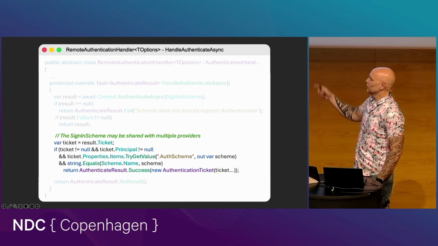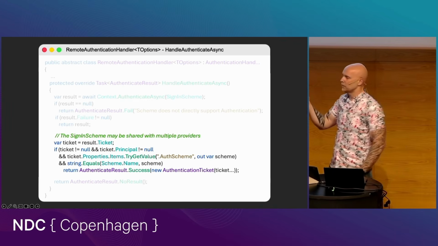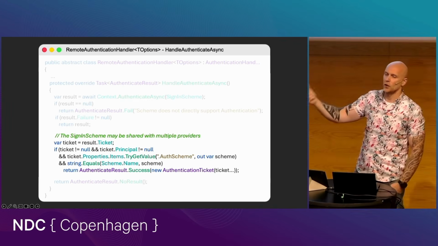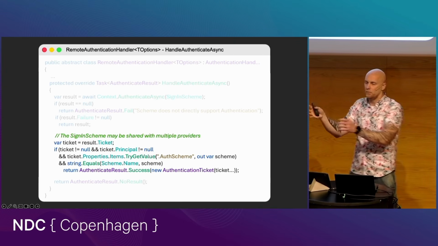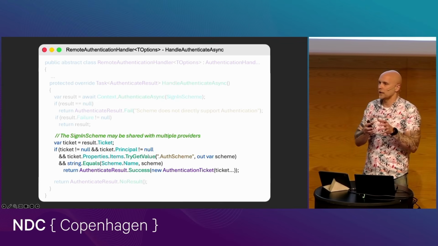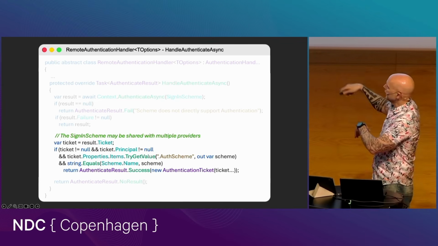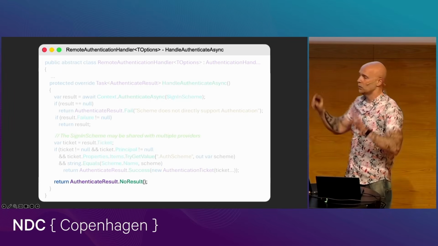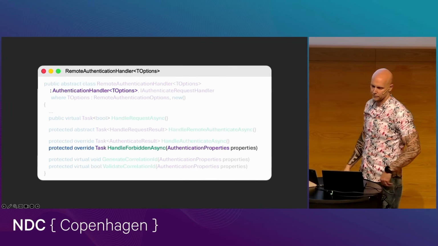During sign-in, which I'm going to show you, it adds this to the properties, and this allows me to verify that the authenticated user that comes back was actually authenticated by me, because I'm not supposed to be stealing other people's authentication and saying that I'm responsible for them. If all of that is fine, it returns success. Otherwise, it says, sorry, I have no idea, it's not my problem: no result.